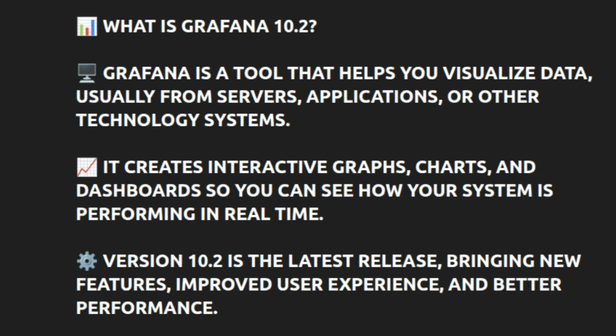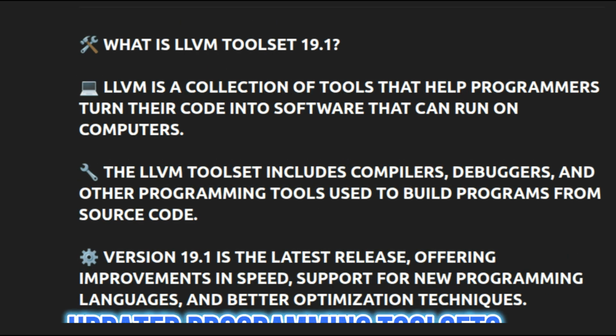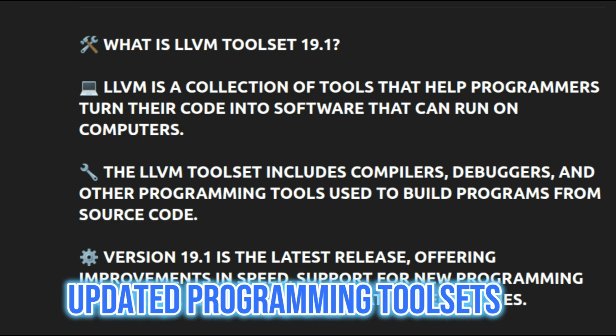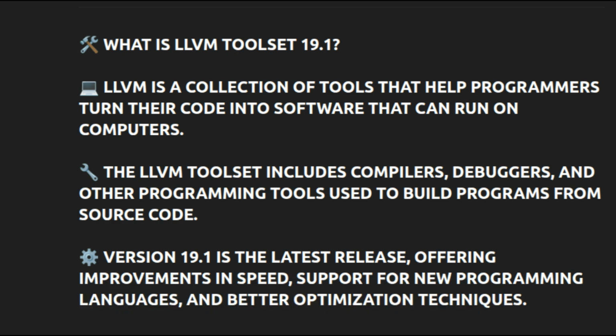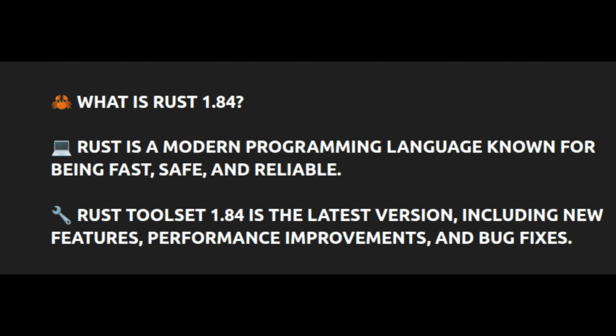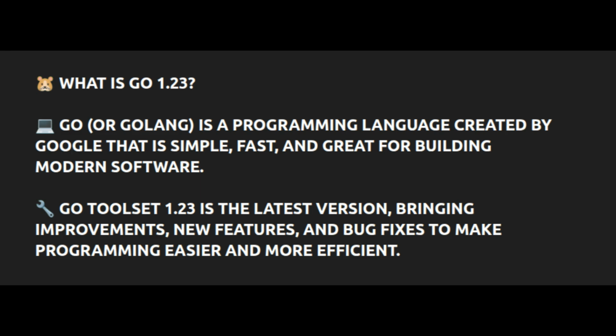These tools help you troubleshoot problems, monitor your servers, and optimize performance. And lastly, programmers also get updated toolsets like LLVM version 19.1, Rust version 1.84, and Go version 1.23. If you're developing modern apps in these languages, you'll definitely appreciate having access to these newer versions.